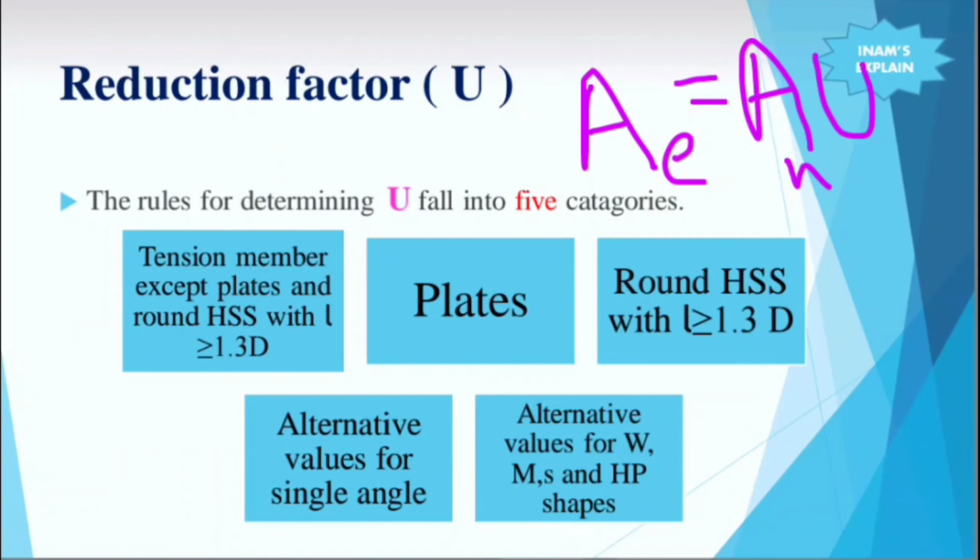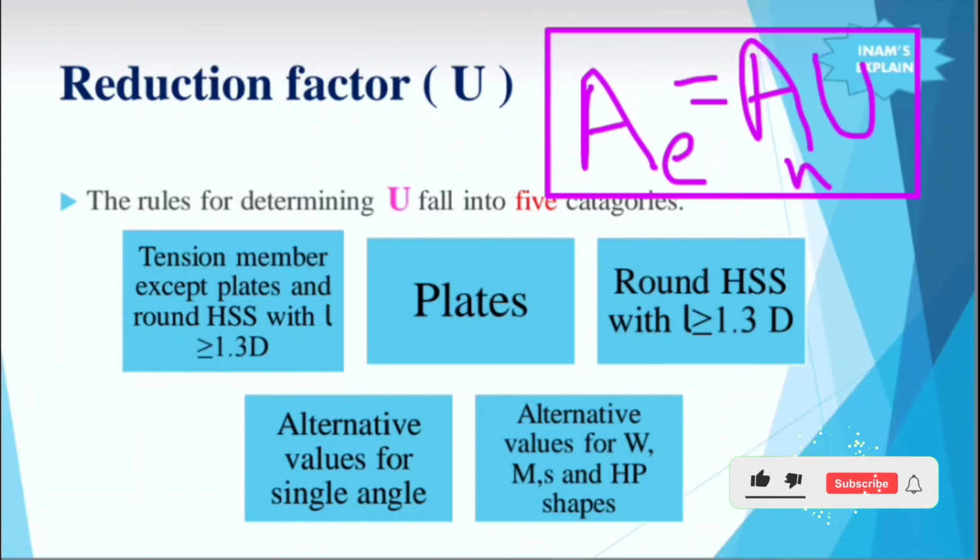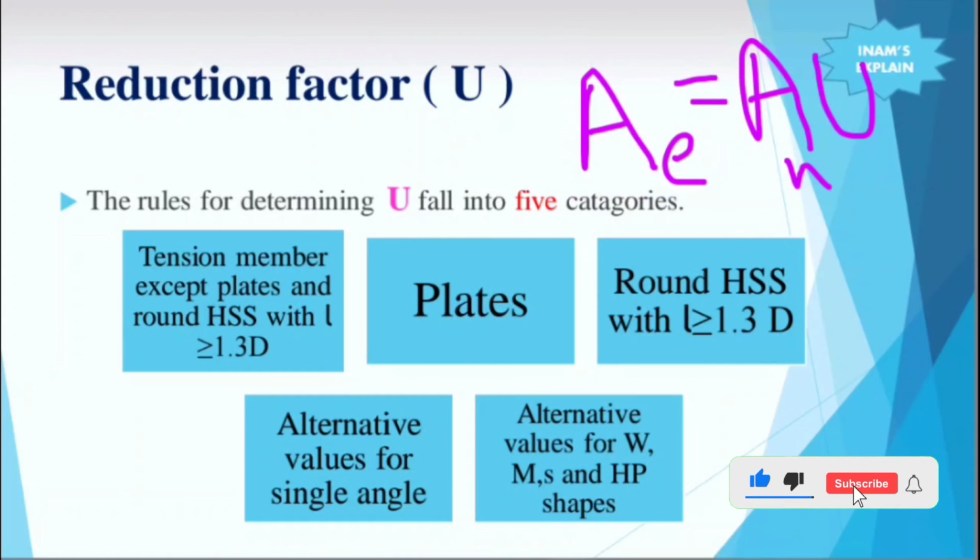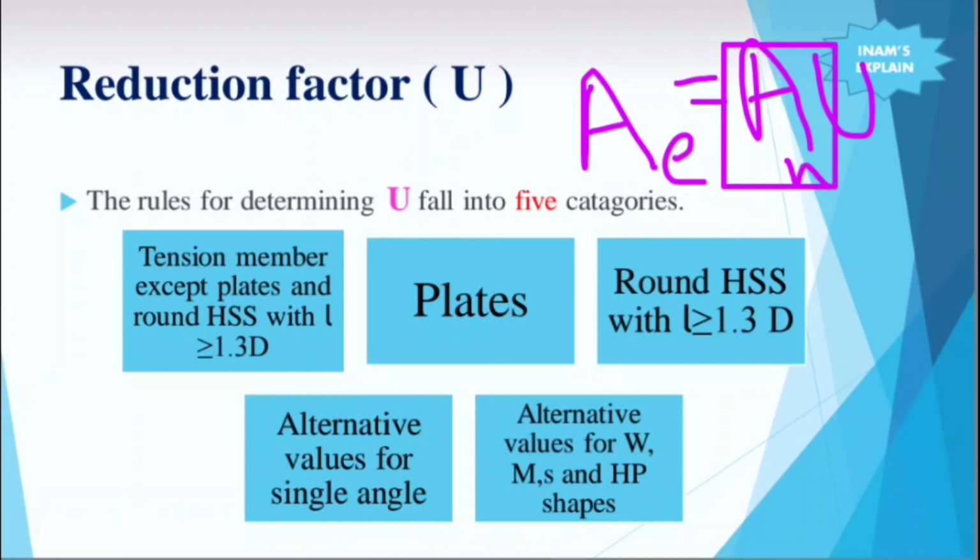Here is the formula for the effective area, which is equal to the net area times the reduction factor. We calculate the net area by subtracting the area of holes from the gross area. So how will we calculate the reduction factor?